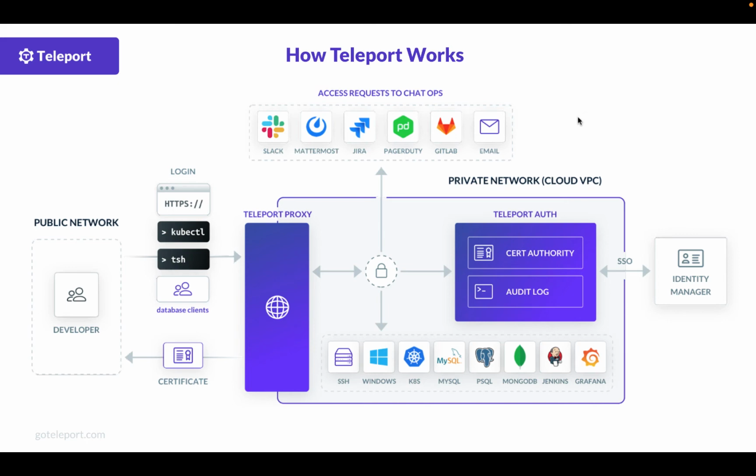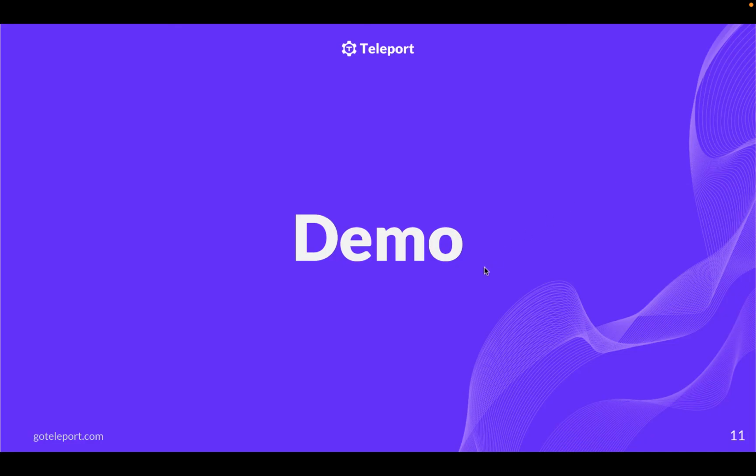You can also use the Teleport APIs to create any integration you'd like. But wherever this person's request arrives, one or more users can approve or deny that request. If approved, this user receives updated certificates that reflect what is authorized in that role that they've just been approved to assume. So with that, I'll now move into my demo.